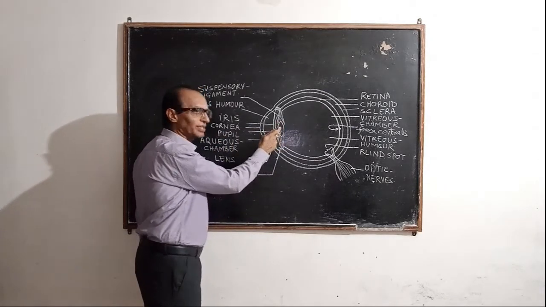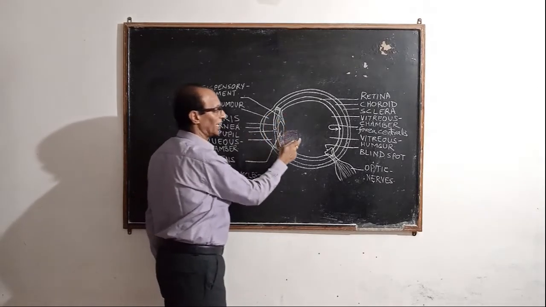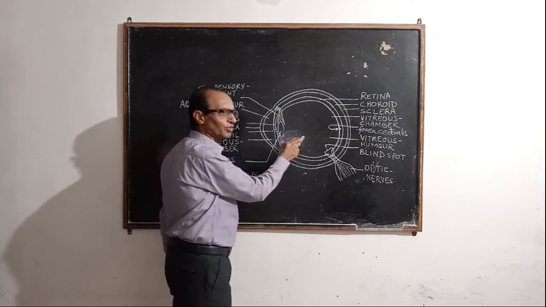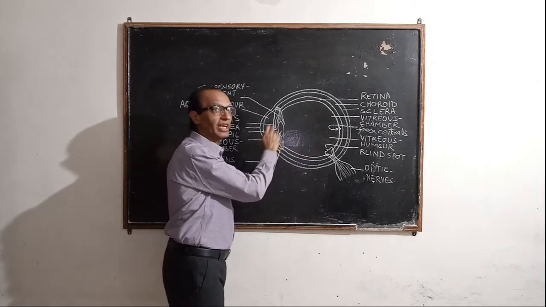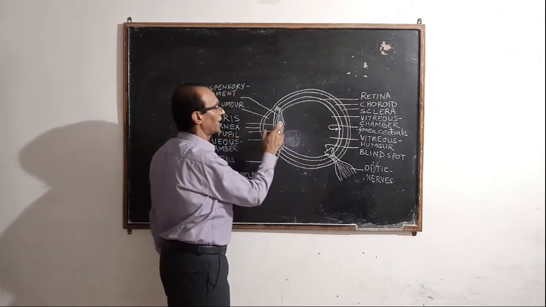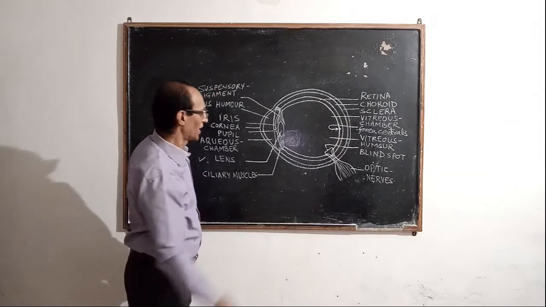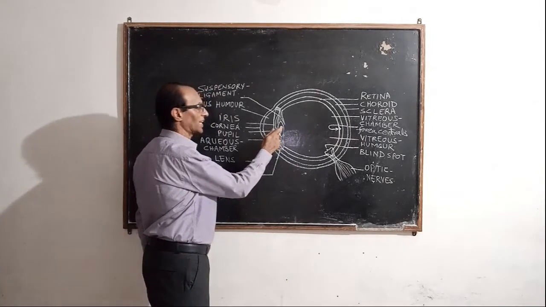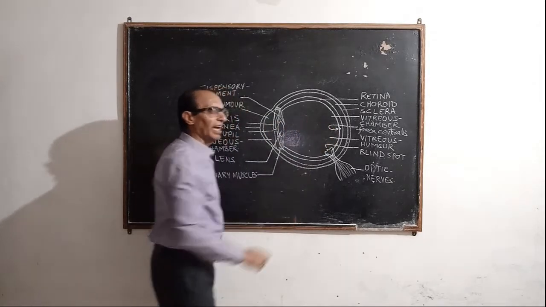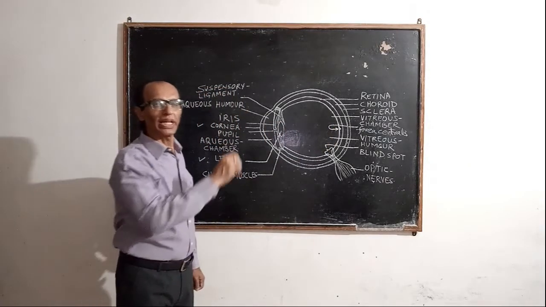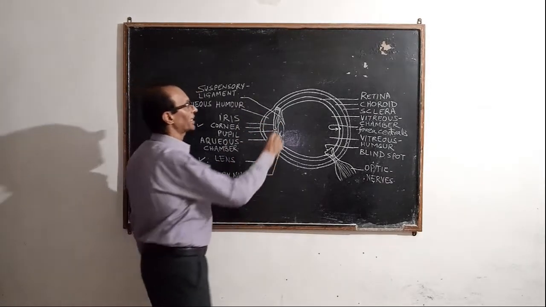Thirdly, this biconvex lens is also going to refract light. Then we have this jelly-like material in the vitreous chamber, which we refer to as vitreous humor. That is again going to refract the light, but that is the total refraction which will occur in the eye. Now, the function of this lens is mainly to focus the light rays onto the retina, and when the lens focuses the image on the retina, we get an inverted image.